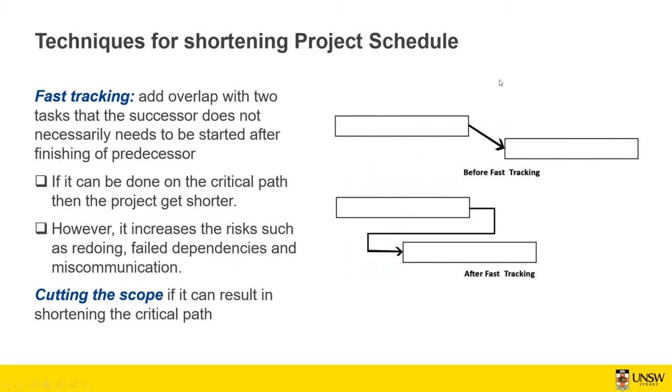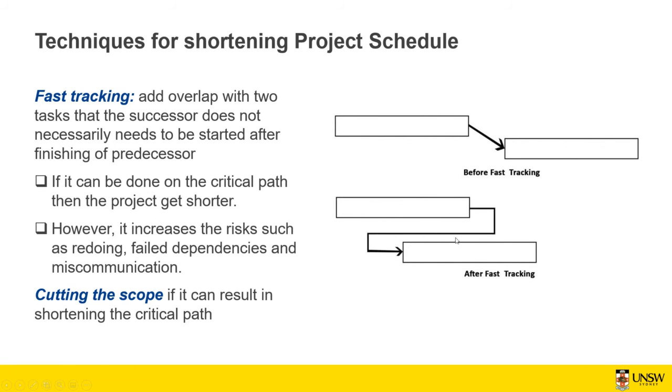For some techniques to shorten the project schedule, one of them is fast tracking. Fast tracking adds overlap to two tasks where the successor does not necessarily need to start after the finishing of the predecessor. Which means that you can start this task earlier.